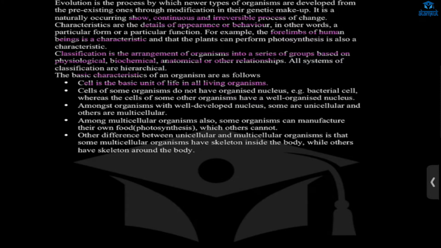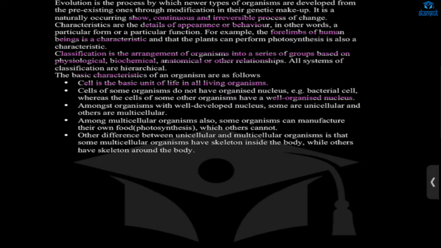Whereas other cells have a well organized nucleus. That means they will have a nucleus, and they will also have cell organelles. And among the organisms with a well organized nucleus, some are unicellular and some are multicellular. Some will have only one cell, some will have many cells.